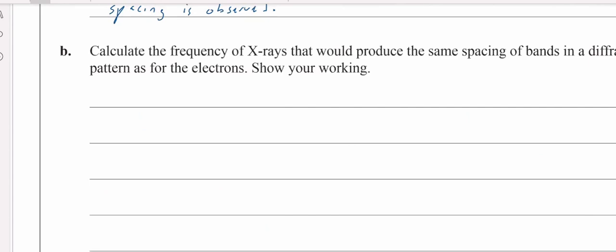Calculate the frequency of X-rays that would produce the same spacing of bands in diffraction pattern.